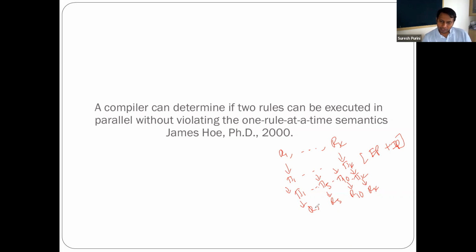If they conflict, let's say R1 and R5 may conflict if they are trying to dequeue the same hardware queue, then we have to prioritize. That's the summary. There's a hardware rule scheduler which automatically does all these things for us, and we don't need to worry about it. This is the summary picture.